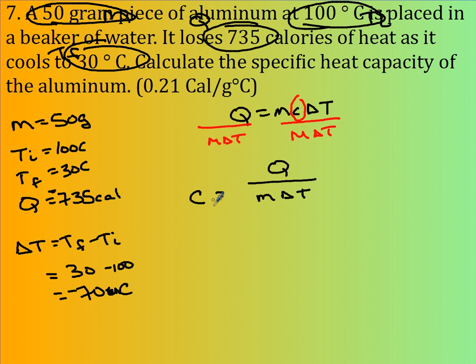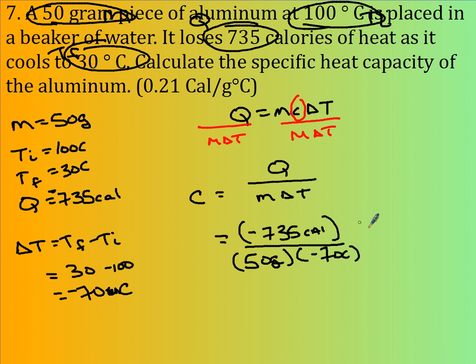You're going to need it in a minute or I'll get a negative C. Let's see. Q is negative 735 calories. M is 50 grams. And delta T is negative 70.